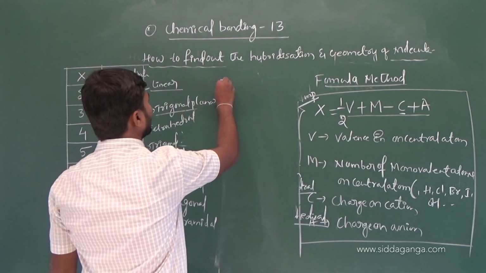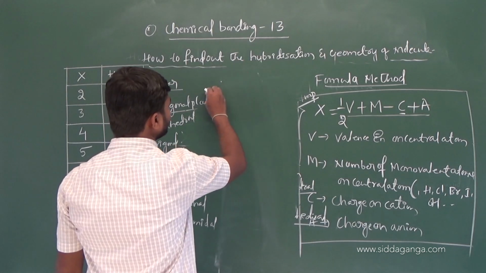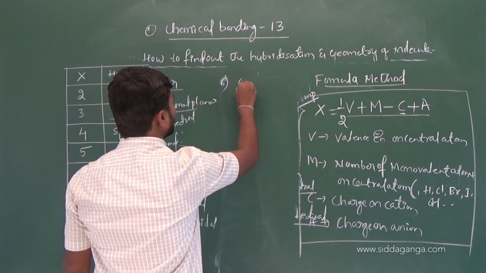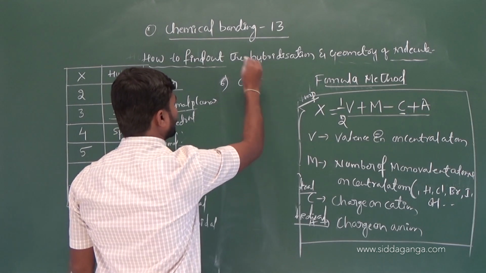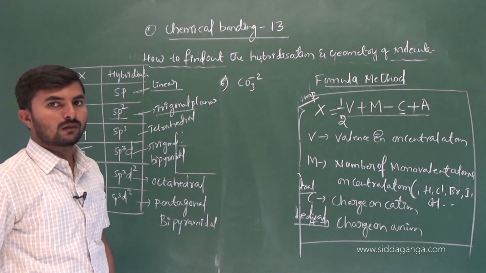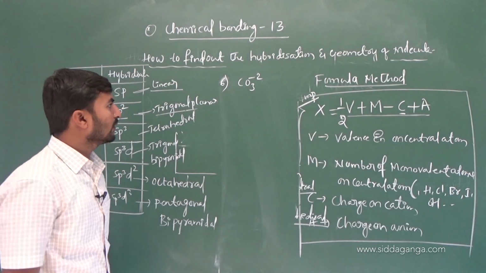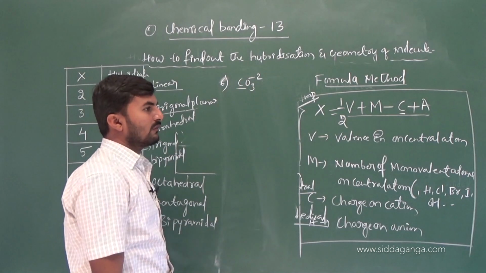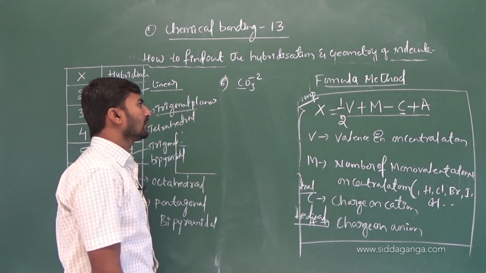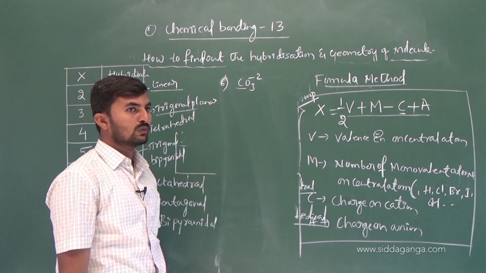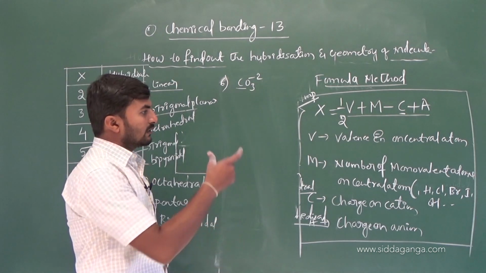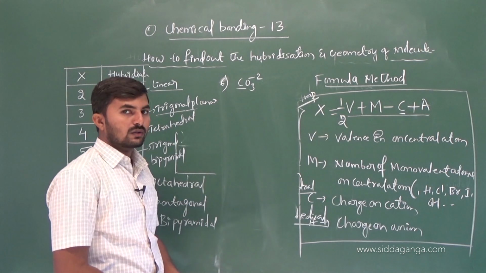Suppose if they have given CO3 2-, suppose it is given like this, CO3 2-. Okay, identify the nature of hybridization of carbon in CO3 2- and predict its geometry, suppose they asked.